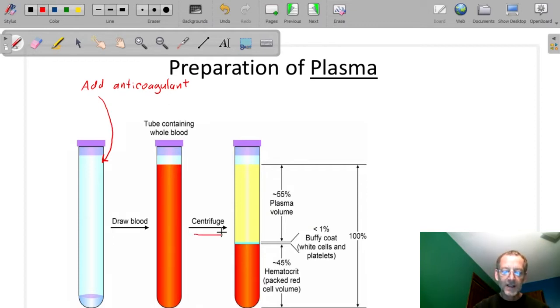And you spin it, and that causes the heavy material, the cells, to settle to the bottom. And what you wind up with are several different fractions of the blood. And at the bottom are the red blood cells.